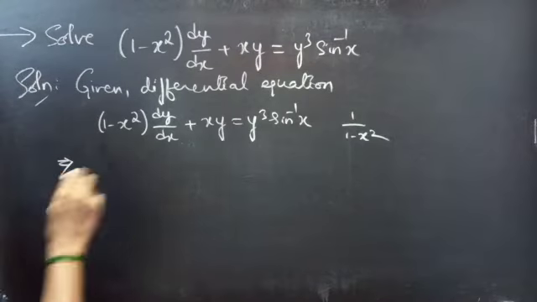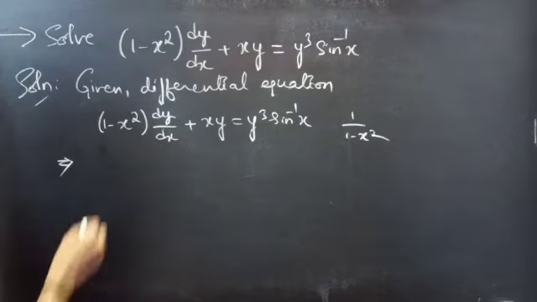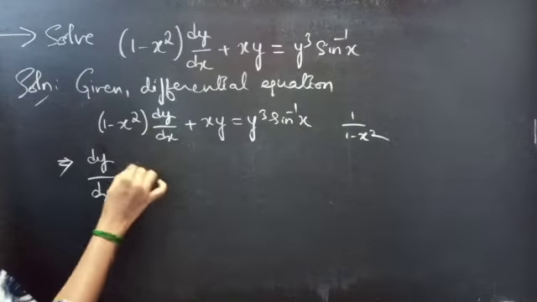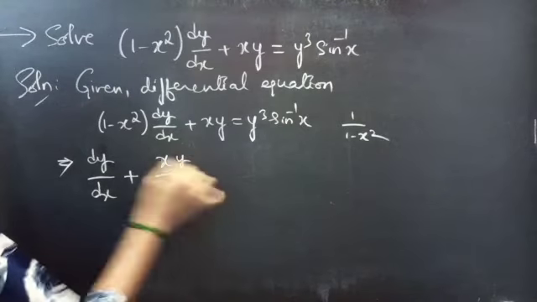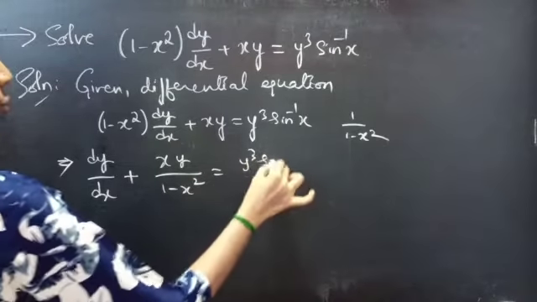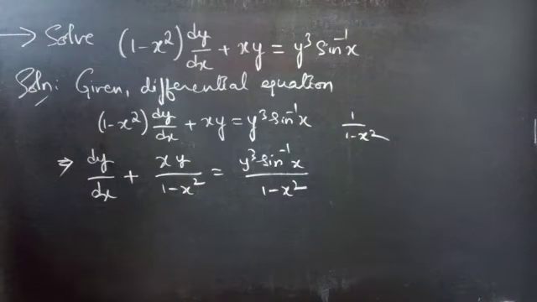Firstly, I'll write directly: dy by dx plus xy by 1 minus x square equals to y cube sine inverse x by 1 minus x square.